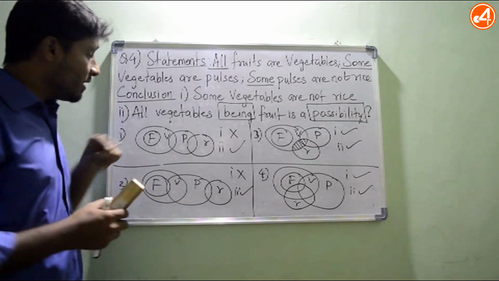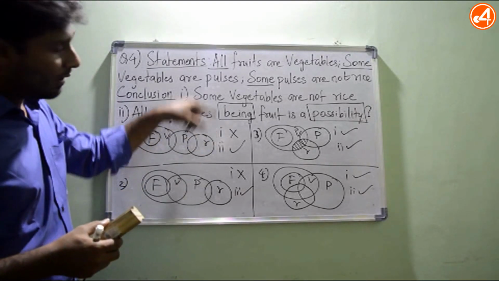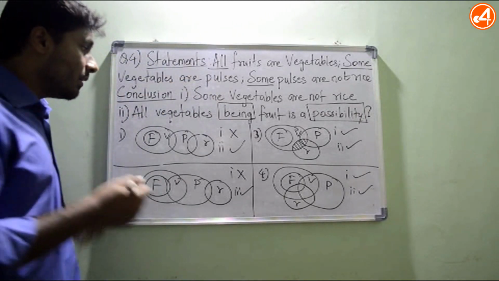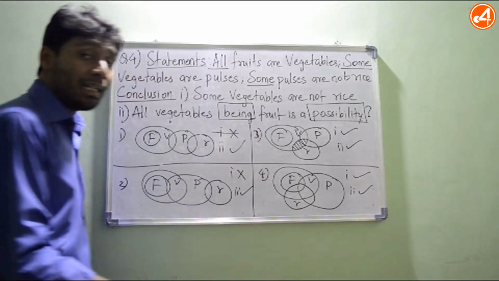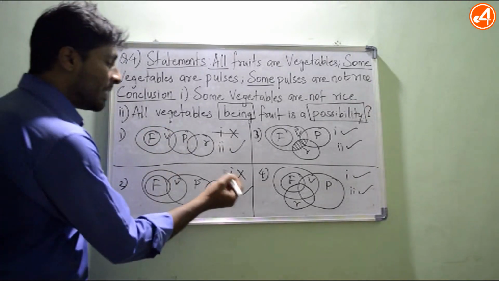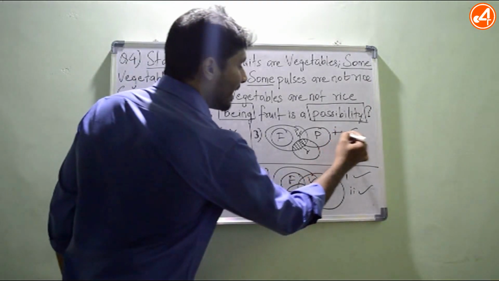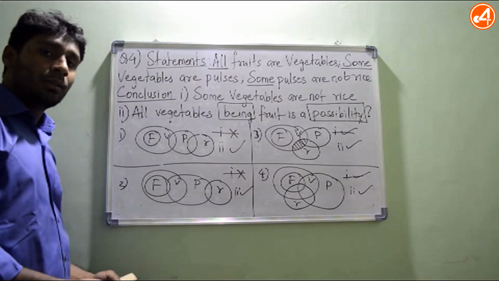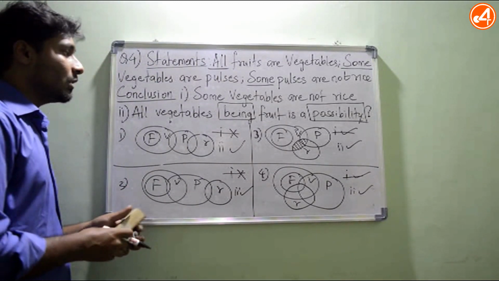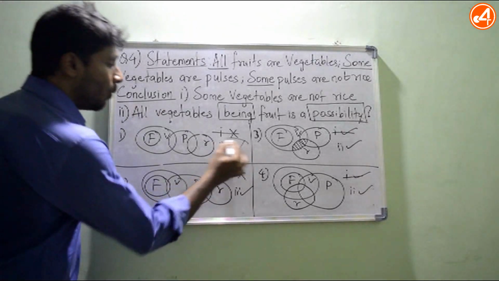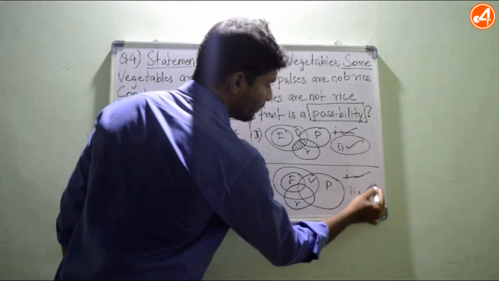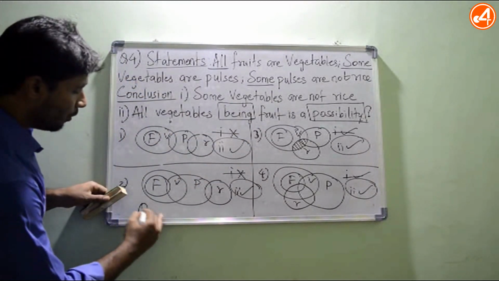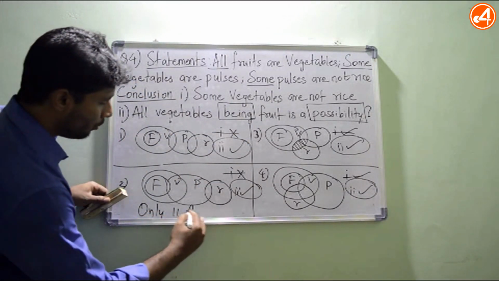If one conclusion is false in one given diagram, I can simply take it as granted and consider it false in the remaining diagrams also. So when I consider 1 as false, the answer is only 2 follows. Again, 2 is following in all the cases, so I can simply go for only 2 follows.